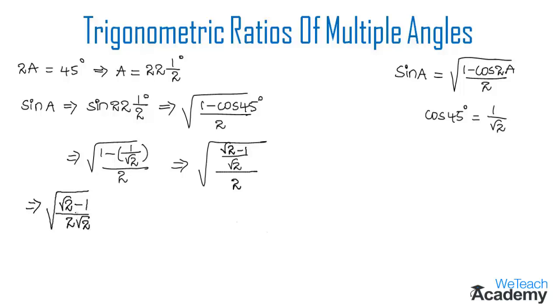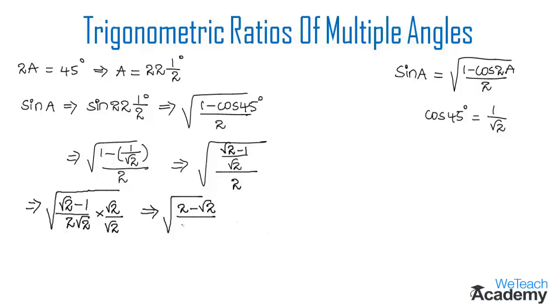Now let us multiply the numerator as well as the denominator by root 2. By multiplying we get under root of (root 2 minus 1) times root 2, divided by 2 root 2 into root 2. In the numerator, root 2 into root 2 becomes 2, minus 1 into root 2 becomes minus root 2.